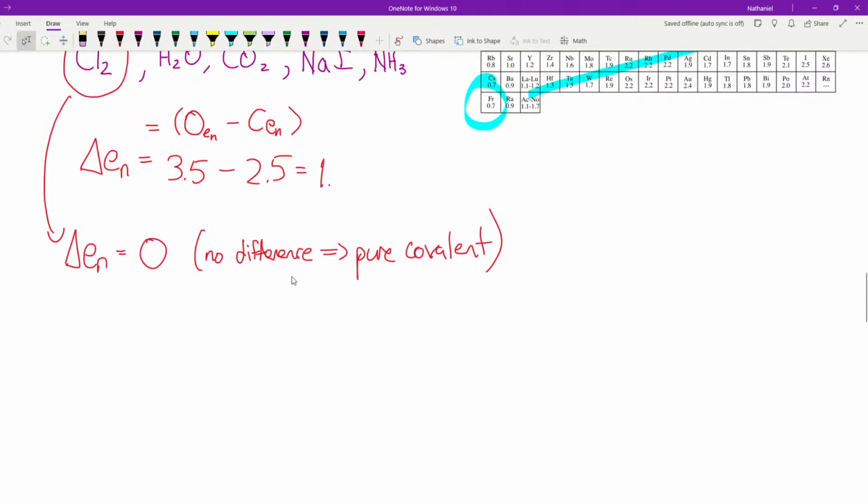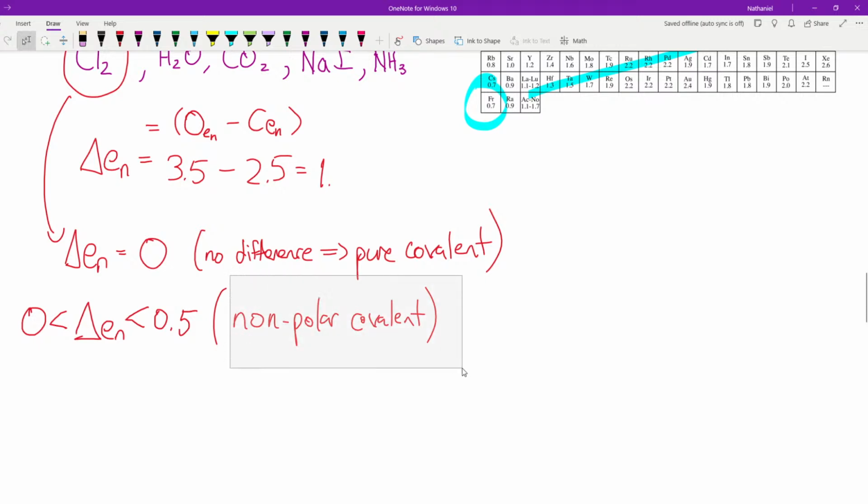Right? So the nonpolar category is actually between 0 and, let's maybe just say this, between 0 and 0.5, okay? And it's less than both of them, okay? And this is our non-polar covalent, okay?